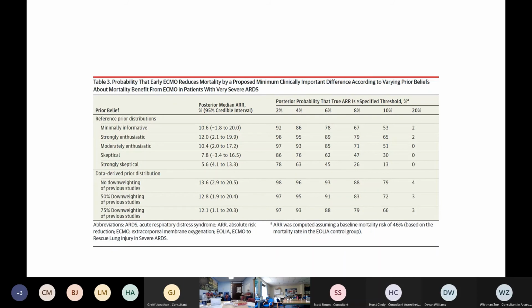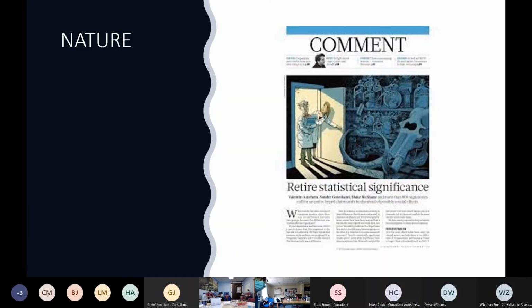What it doesn't have is a p-value of less than 0.05, which has been arbitrarily plucked out of thin air and that we've dogmatically adhered to for the last 3 decades or whatever. But there is no doubt that ECMO does reduce mortality, but probably not by 20%. And this is how this trial should have ideally been interpreted.